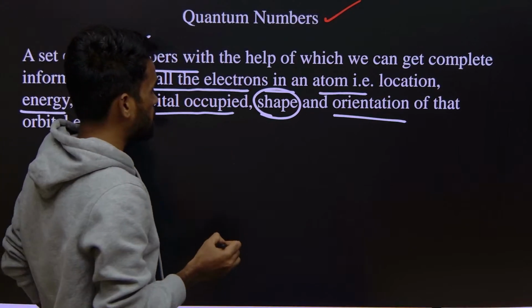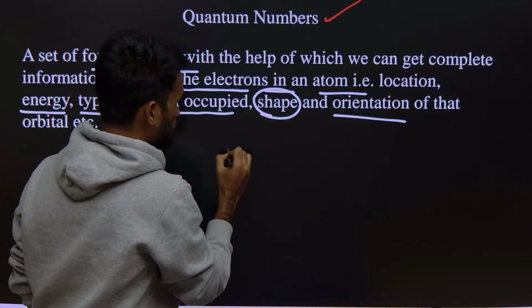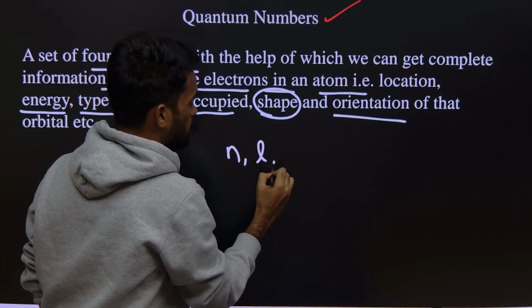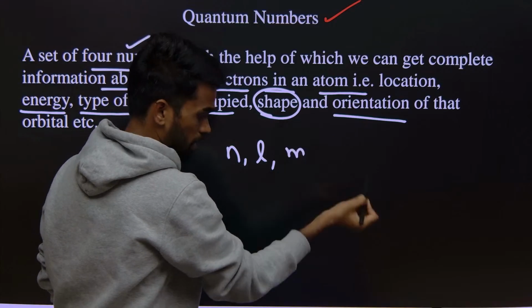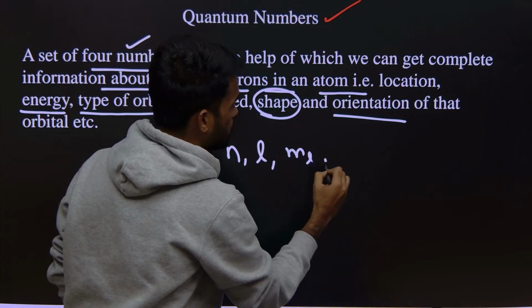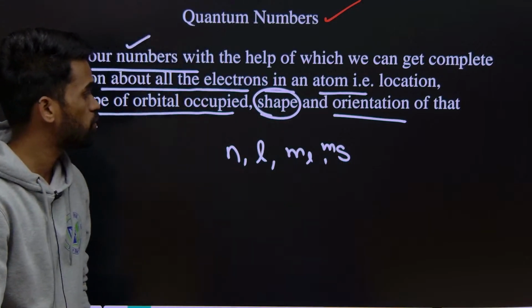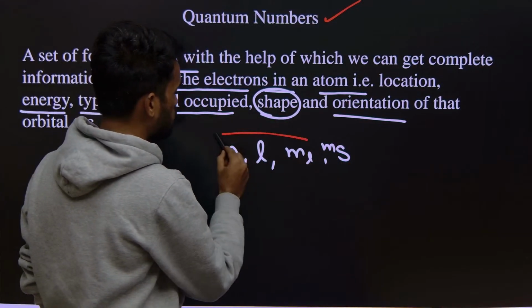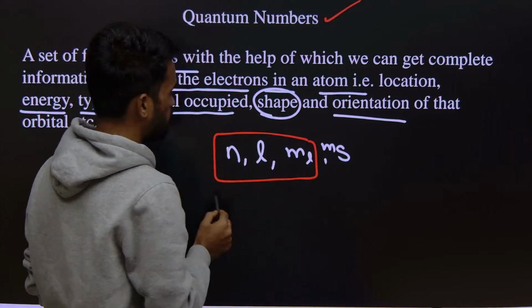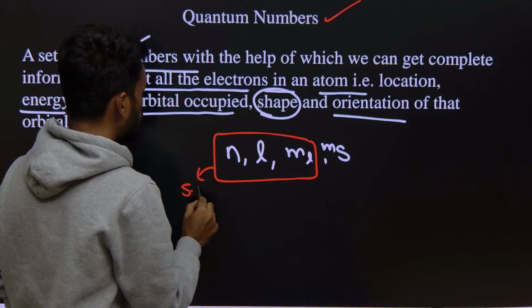So what are the quantum numbers we have? One is the principal quantum number, then the azimuthal quantum number, next to it the magnetic quantum number, and the spin quantum number, which we represent as ms. So these are the 4. The first 3 quantum numbers we got from solving the Schrodinger wave equation.